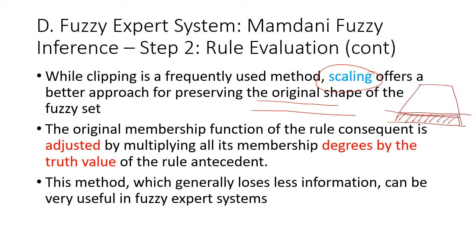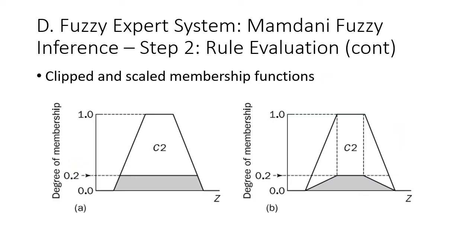Therefore, in this method, it loses less information. However, the mathematical evaluation or the computation power needed to do this operation is higher as compared to just clipping. So if you look here, this is the result of clipping and this is the result of scaling. So if you notice, scaling still somewhat preserves the form of a trapezoid.